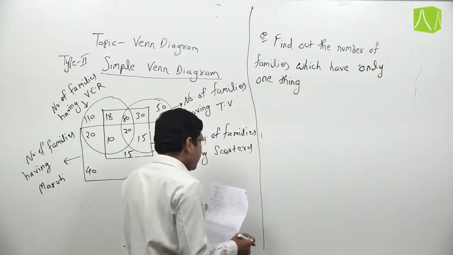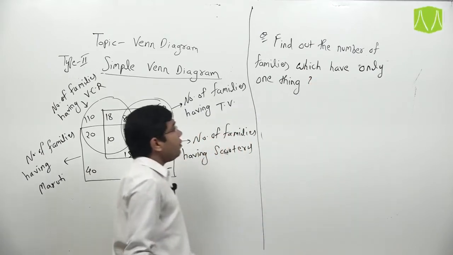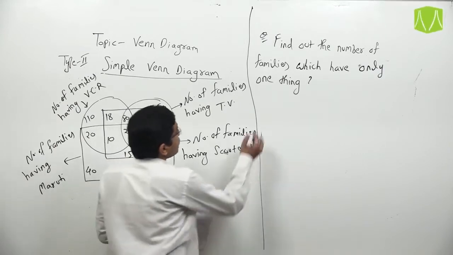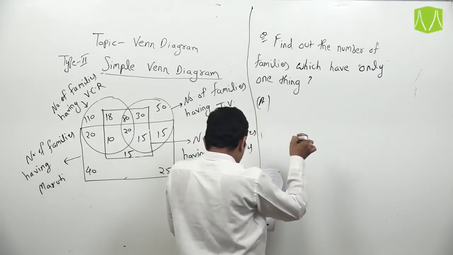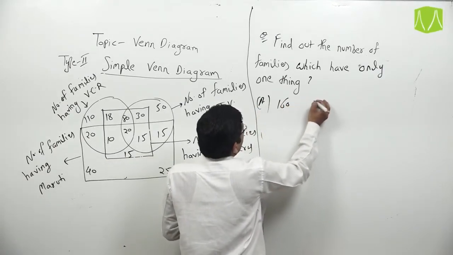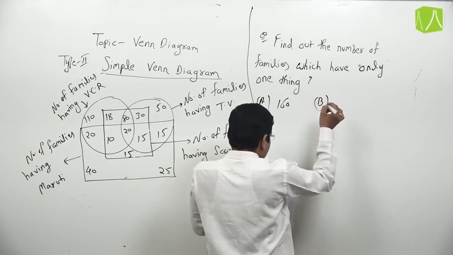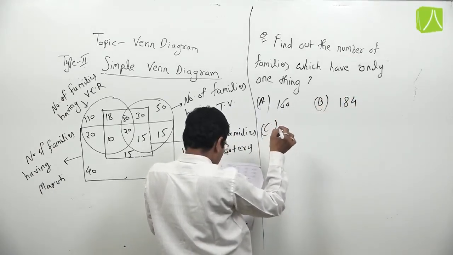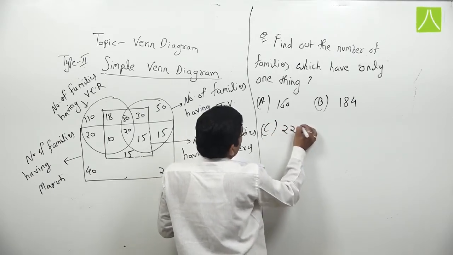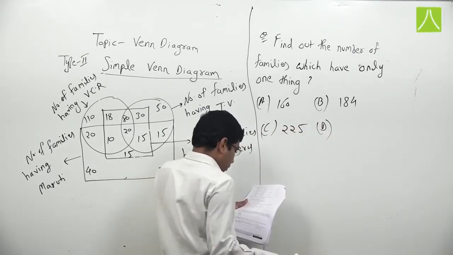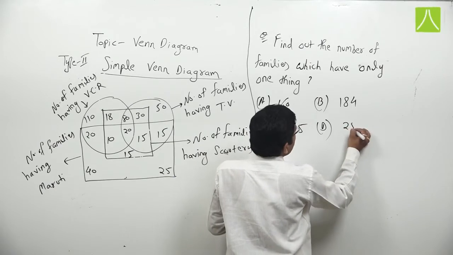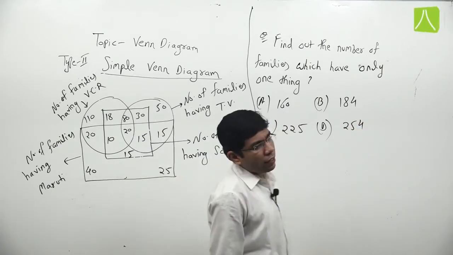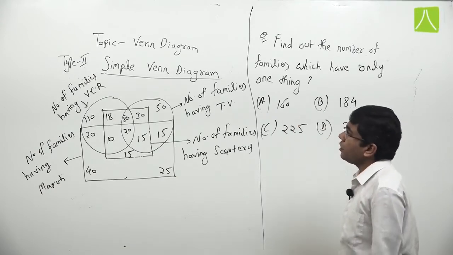That means either VCR, or TV, or scooter, or Maruti. Our options are, first option is 160, second option is 184, third option is 225 and fourth option is 254. Now we have to find the number of families that have only one thing.